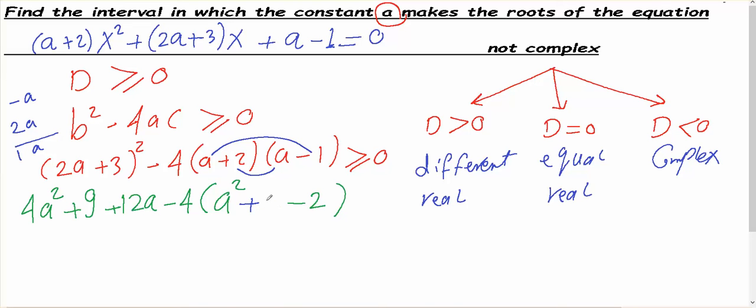We can write a power 2 plus a minus 2, all of this greater than or equal 0.